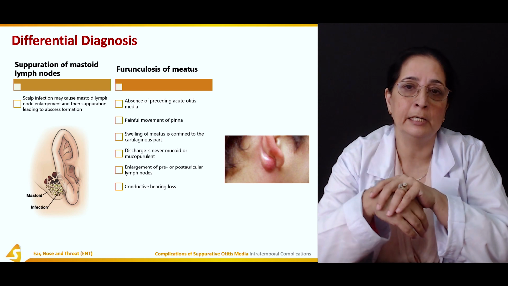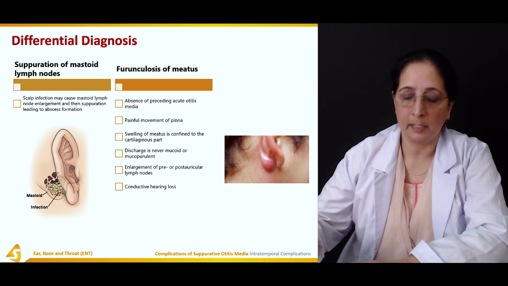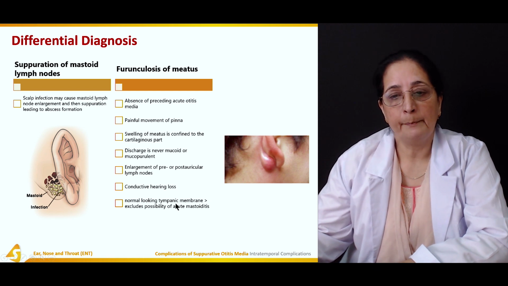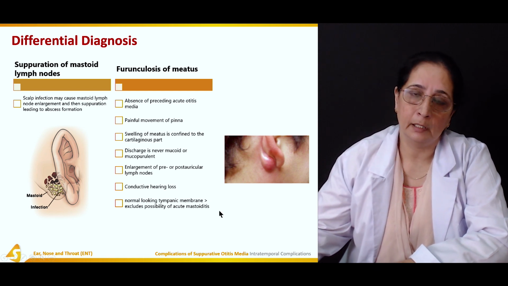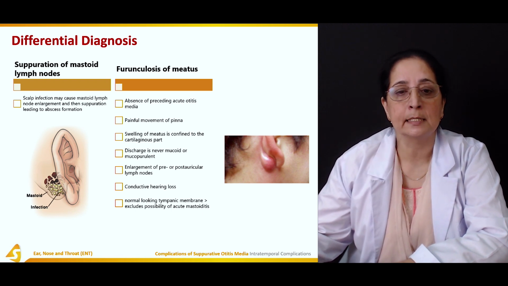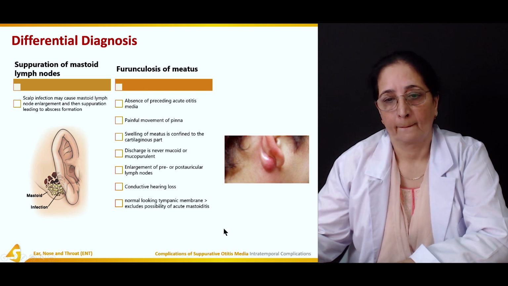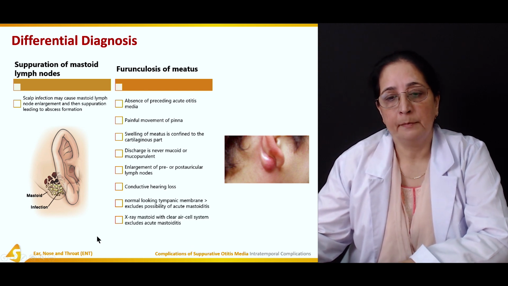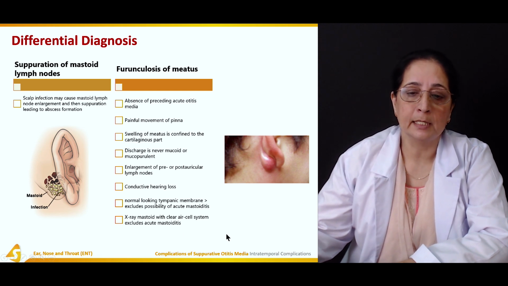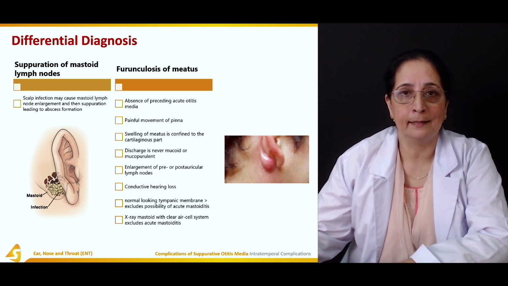So that can lead to conductive hearing loss. Normal looking tympanic membrane, which also excludes acute mastoiditis or acute otitis media. X-ray of the mastoid usually won't show any cloudiness, it will show a clear air cell system.